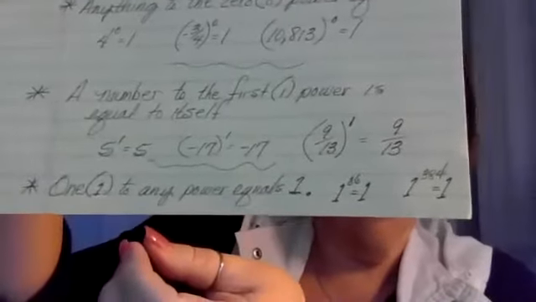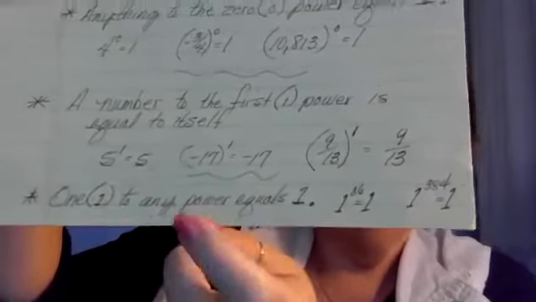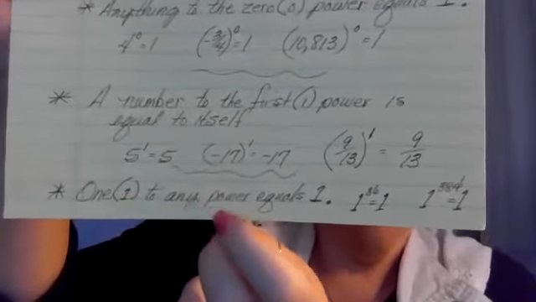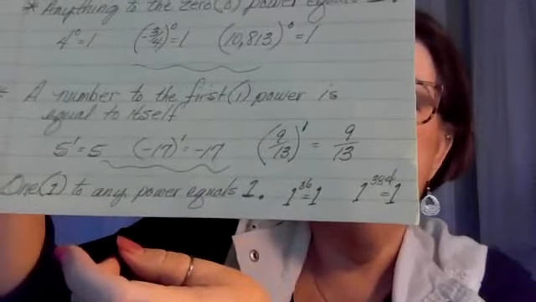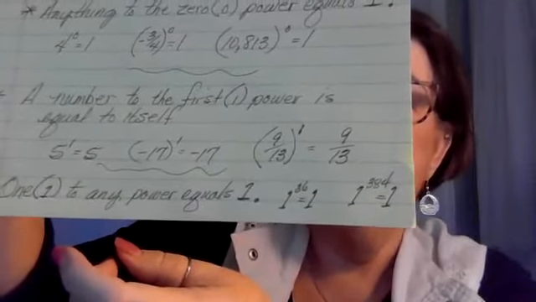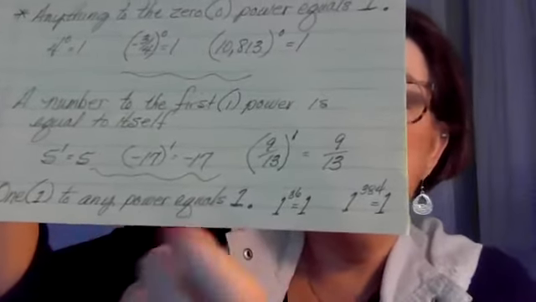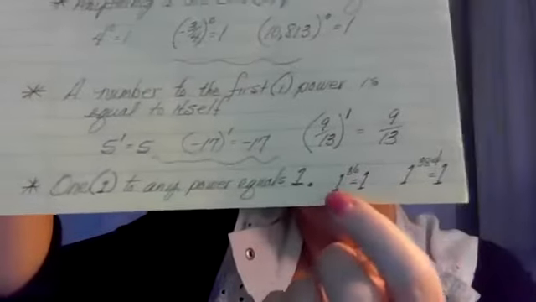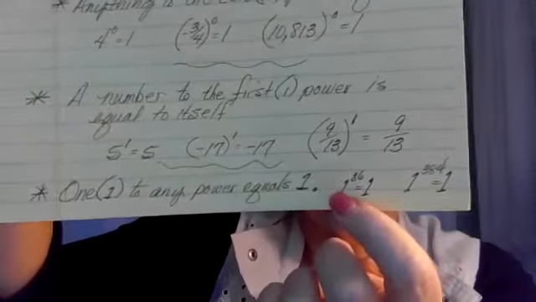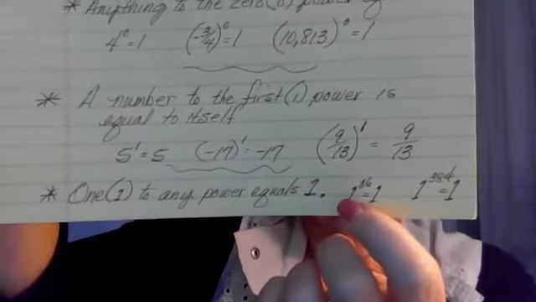And the last identity right here is if you have 1 to any power, it does not matter. Here are your examples. 1 to any power will still be 1, because if you'll notice here, 1 to the 36th power means 1 times 1 times 1 times 1 times 1 times 1 to the 36 ones.